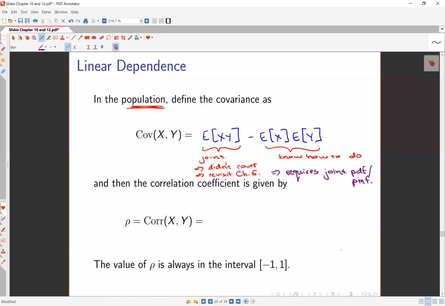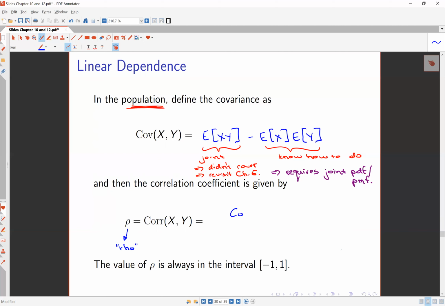Now, the covariance measure is sometimes difficult to interpret. It can be arbitrarily large depending on what your variable structures look like. And so a standardized version of that is often preferred, something called the correlation coefficient. We represent the correlation coefficient by the Greek symbol rho.